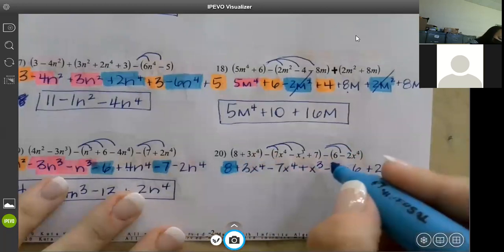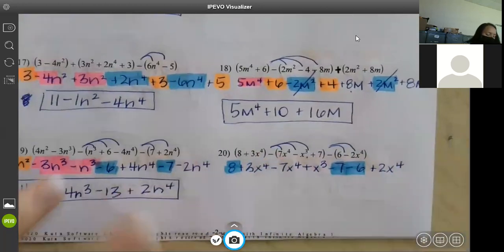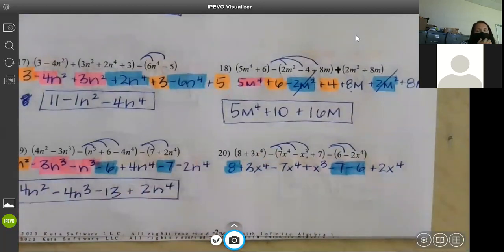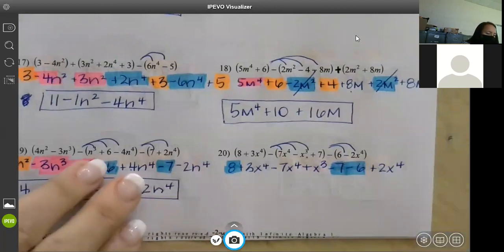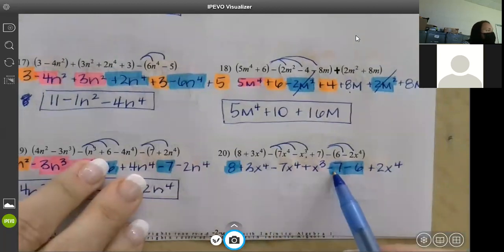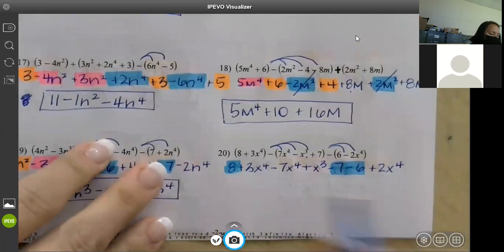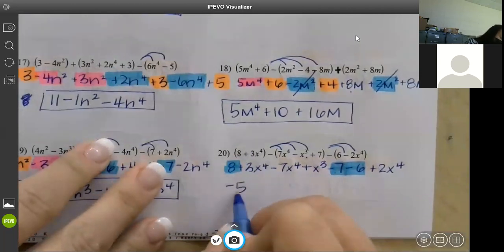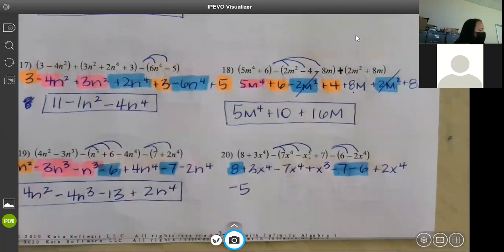I have a plain 8, a plain negative 7, and a plain negative 6. 8 minus 7 is 1. Minus 6 is negative 5. And again, you can put that in your calculator. Don't stress about it.